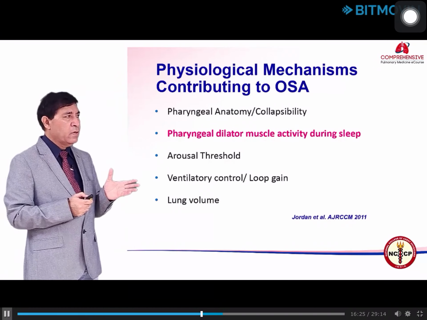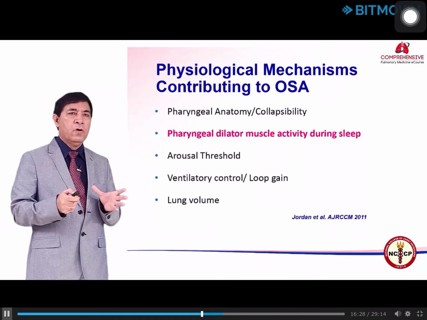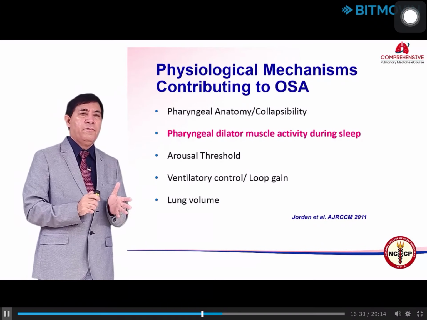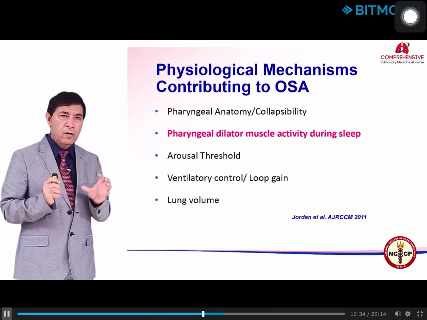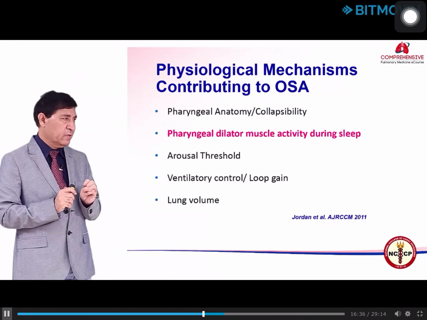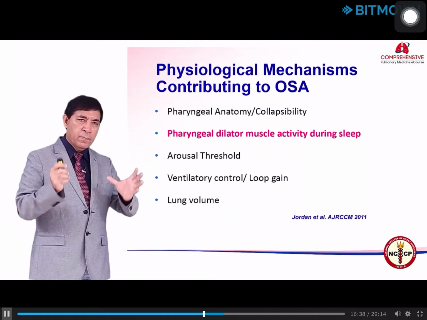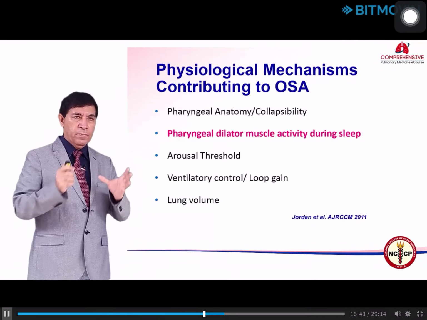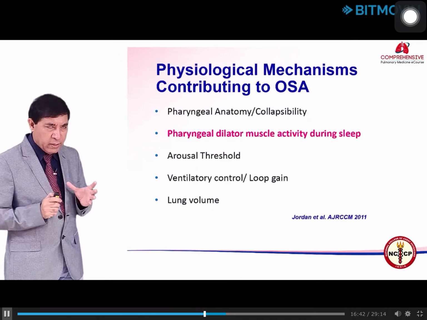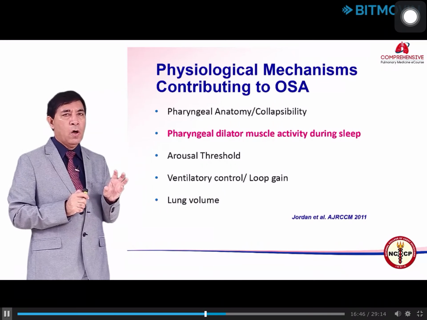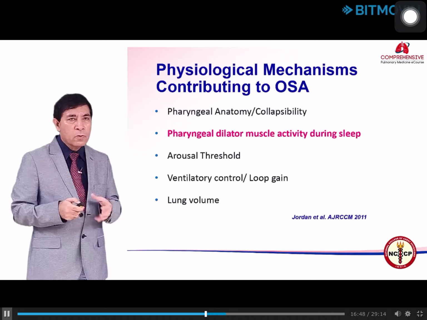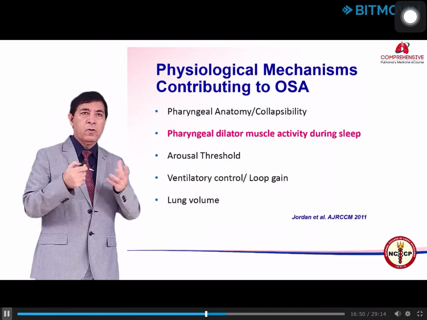First of all, the anatomical factor. We know that the majority of patients who have sleep disordered breathing have an anatomically small pharynx. That means they have anatomical structures or abnormalities which result in a small pharynx. When the pharynx is small, it is more likely to collapse, as well as narrowing or closure.